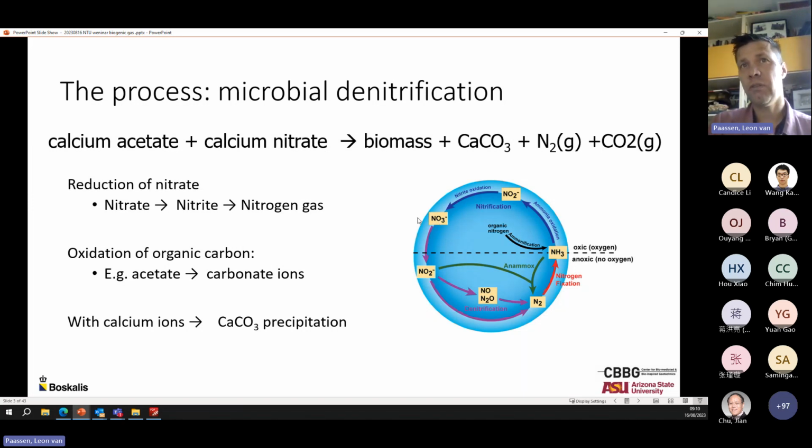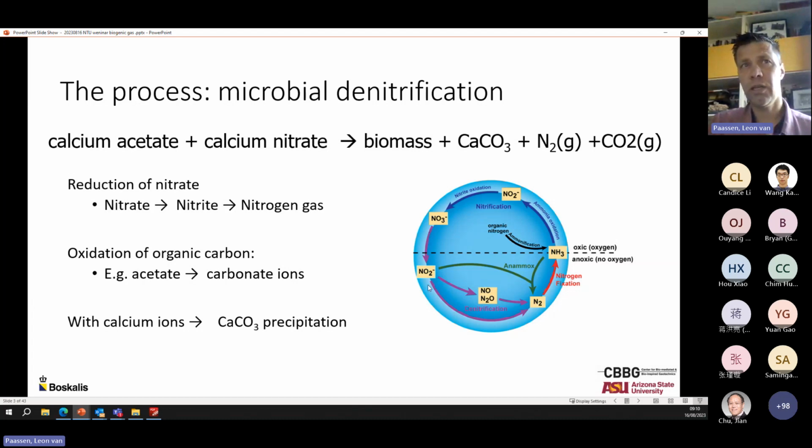Once nitrate is in the soil, it's again a fertilizer or nutrient for plants and other bacteria, which then convert the nitrate back into nitrogen gas. This nitrate to nitrogen gas is a reduction of the nitrate, and it goes in multiple steps, from nitrate to nitrite and eventually back to nitrogen.